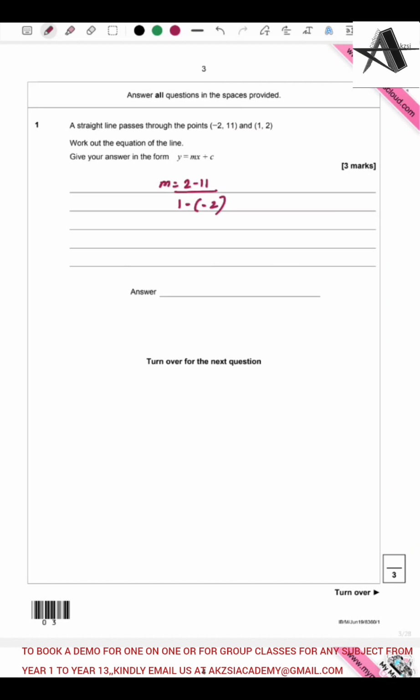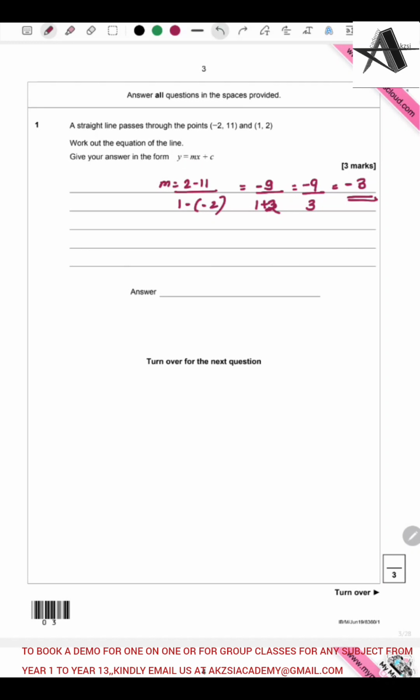Keep in mind, always put negative numbers inside brackets to avoid any calculation mistake. So the numerator will be minus 9, and the denominator, 1 minus negative 2, will become 1 plus 2, so it will be 3. So the total will become minus 9 over 3, that is minus 3.